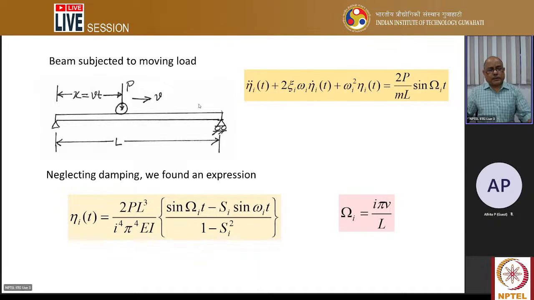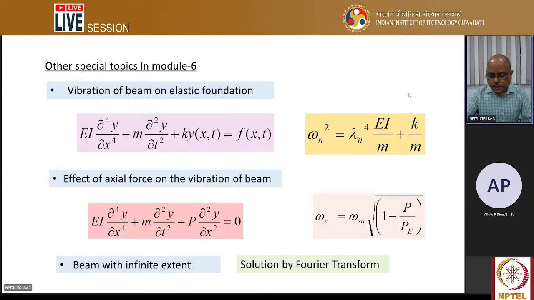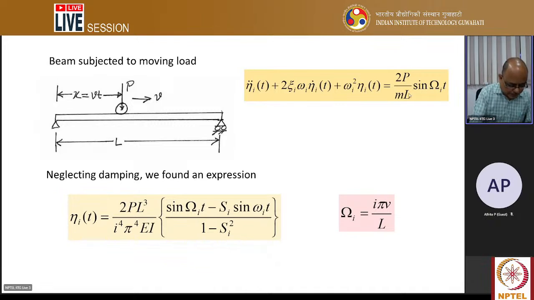As per our earlier theory, the fundamental beam theory that we have developed here for Euler-Bernoulli beam vibration, we write this equation: eta double dot_i(t), that is the acceleration term, plus 2 xi omega_i eta dot_i(t) plus omega_i squared eta_i(t), and this is actually the generalized force. This term is the generalized force.